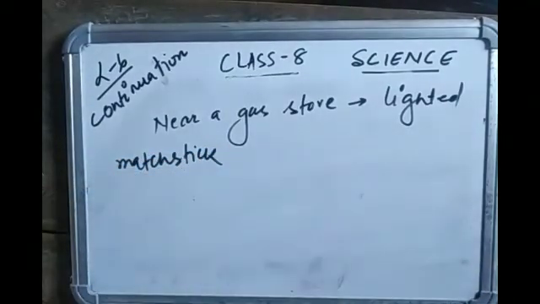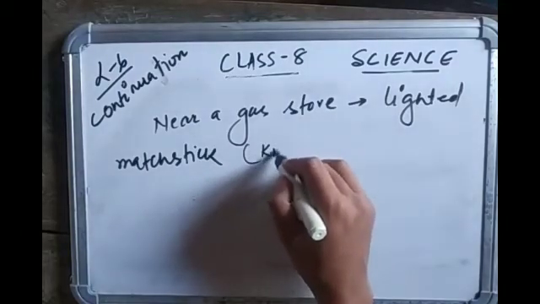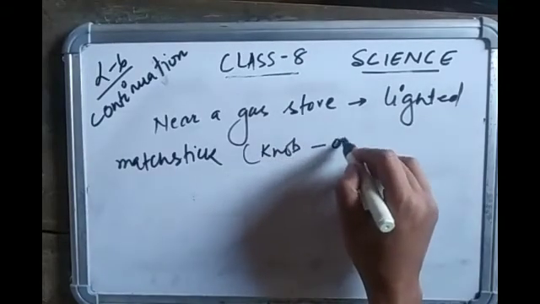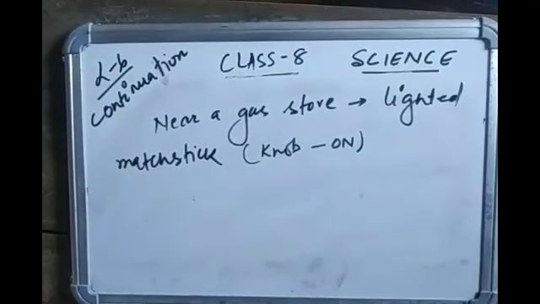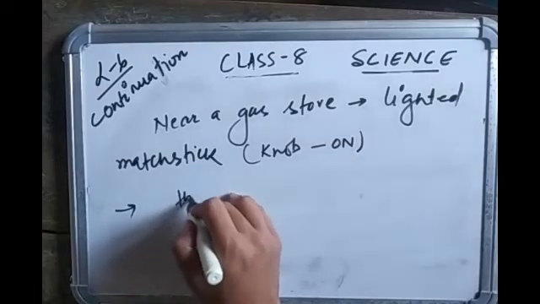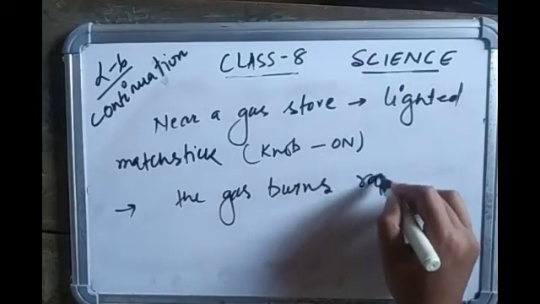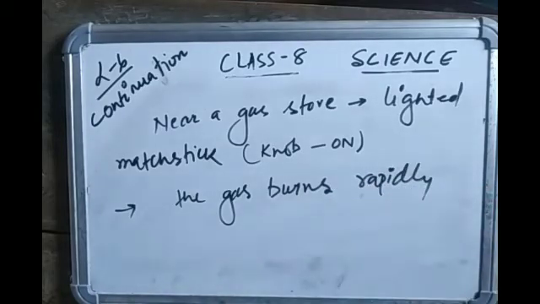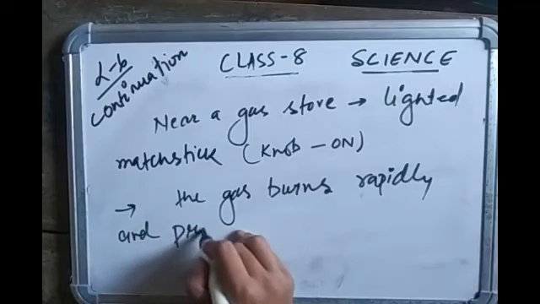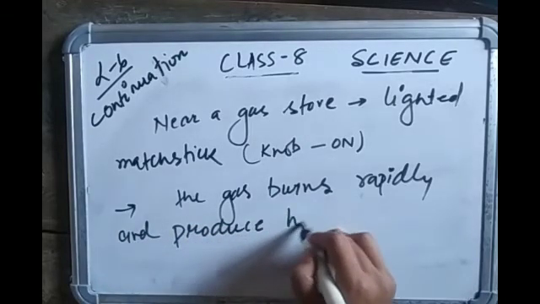When you turn on the knob of the gas stove and bring a match, you will find that the gas burns, as we all know, rapidly, and produces heat and light.